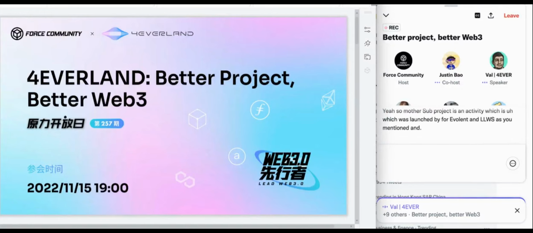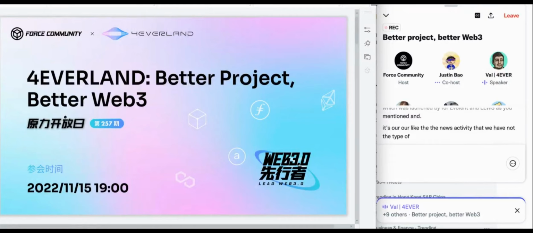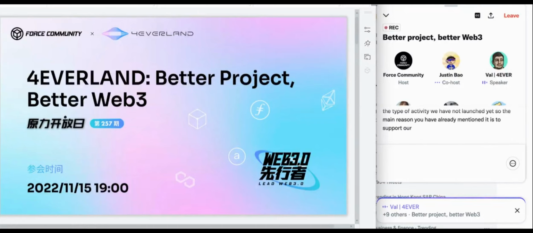AWS, as you mentioned, and it's our newest activity, a type of activity we have not launched yet. The main reason, as you have already mentioned, is to support developers, to support development teams and projects with resources that we could provide for them.